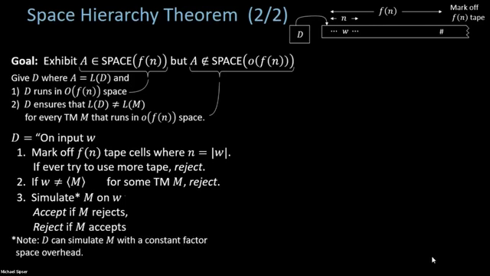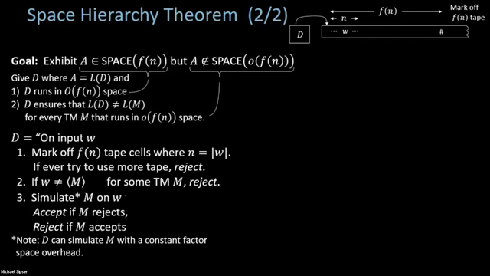And we have to be careful when we do the simulation. This is a little bit of a detail, but this is a proof where you need to pay attention to some details. The cost of simulating M on D is only a constant factor, because if M uses a certain amount of space, when D is simulating M, M may have a larger tape alphabet than D does, but D can then encode M's tape by using several cells for each of M's cells.